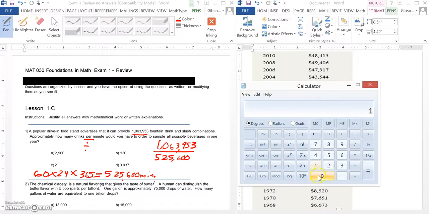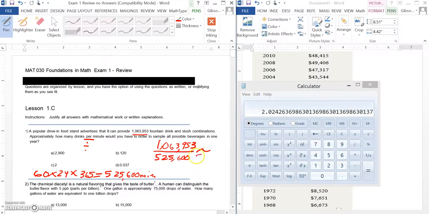We'll put in 1,063,953 divided by 525,600. And this will give us a little over 2, so we will approximate, so it will be approximately 2 drinks. So this will be our final answer.